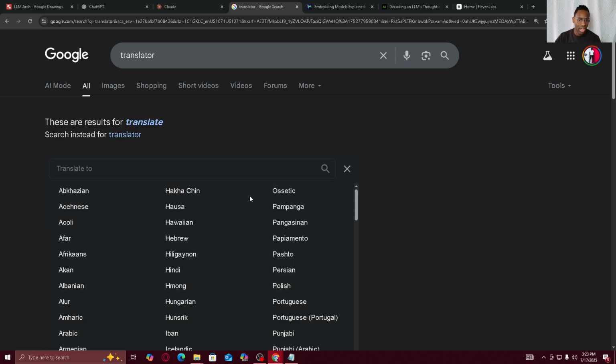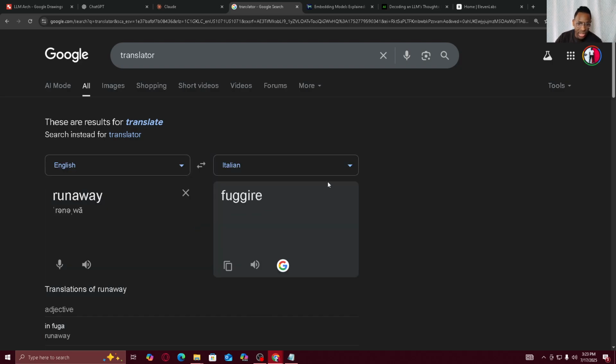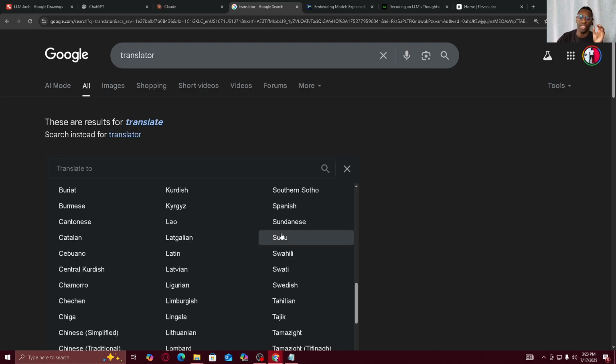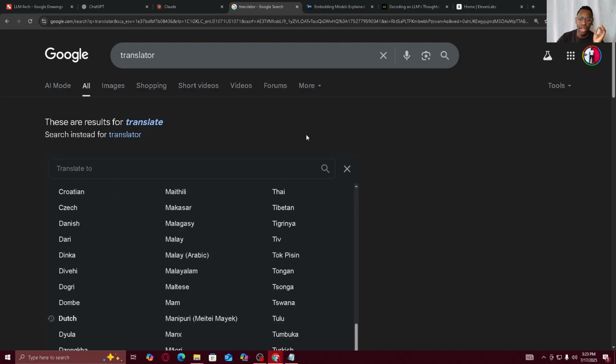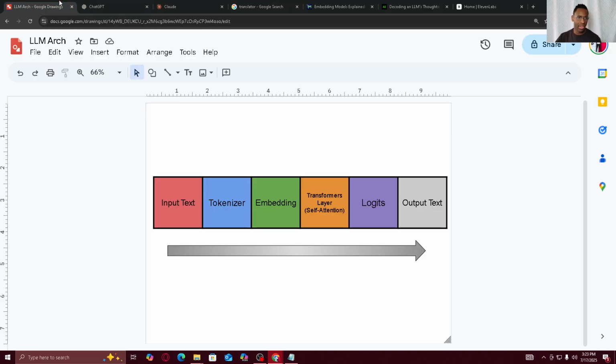Let's say there's an option here, we got Hebrew, we got Italian, right? Imagine there was a language option called computer language. This is what the tokenizer does. The tokenizer would take our English, whatever language you write, our text, and convert it into computer language, right? That's what it does. It's a translator essentially, right?